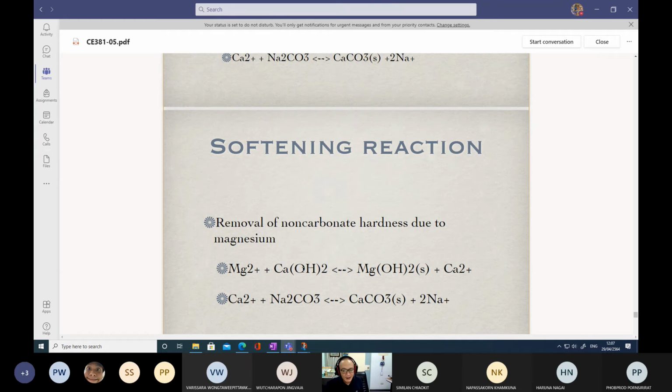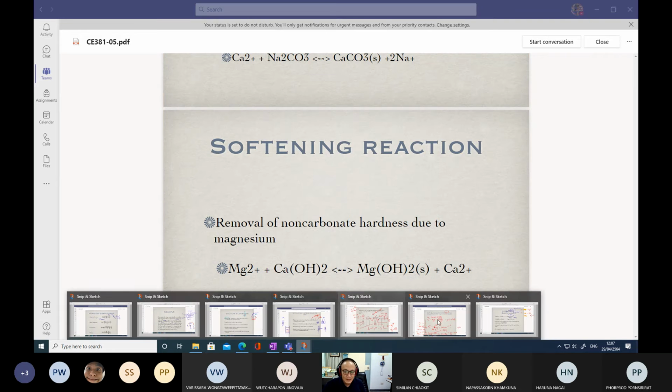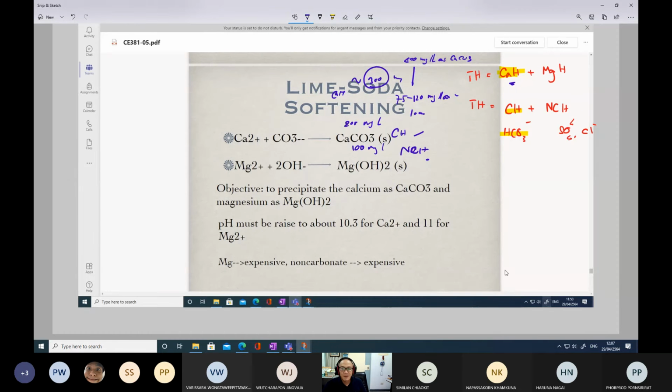That is why, as I told you from the previous slide, for hardness, we try to reduce the amount of hardness. If it's beyond the appropriate range, we bring it into the optimum range. So we need to remove a certain amount of hardness.